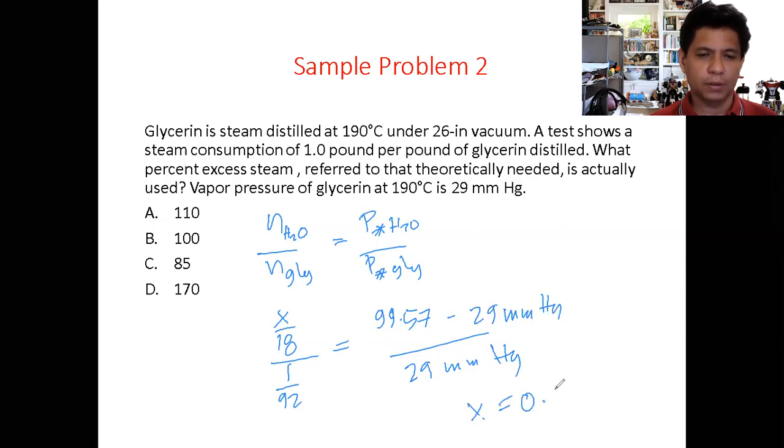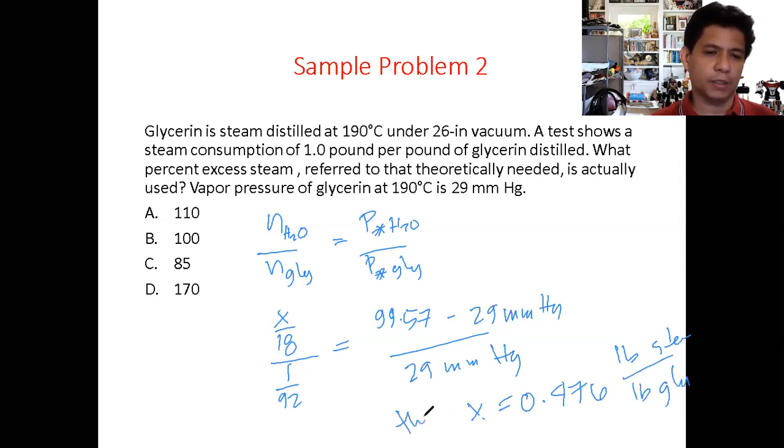So this is the theoretical pound of steam per pound of glycerin. If we're looking for the percent excess steam, that would be actual minus theoretical divided by theoretical times 100%.